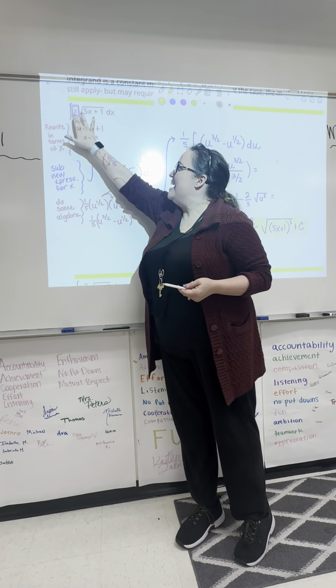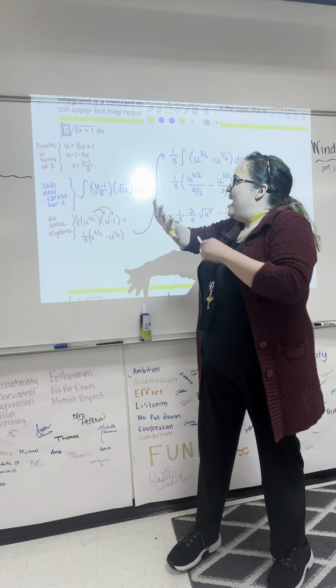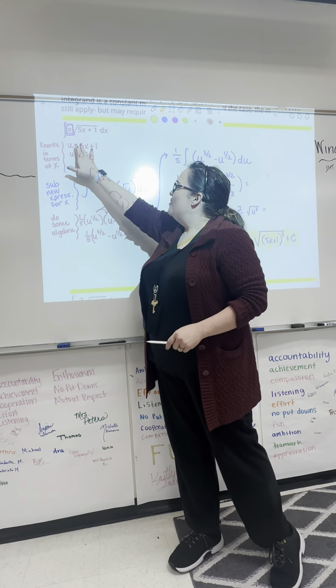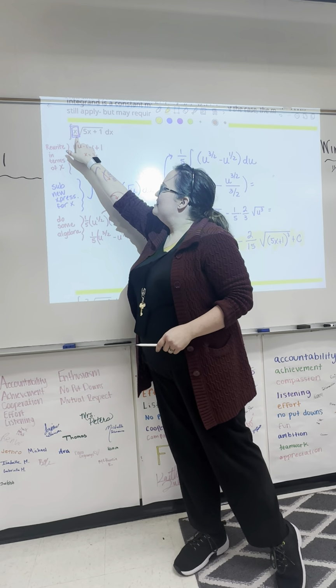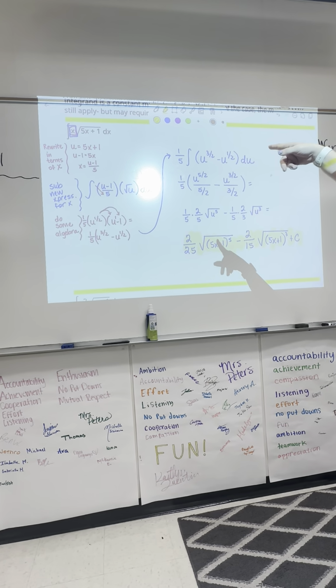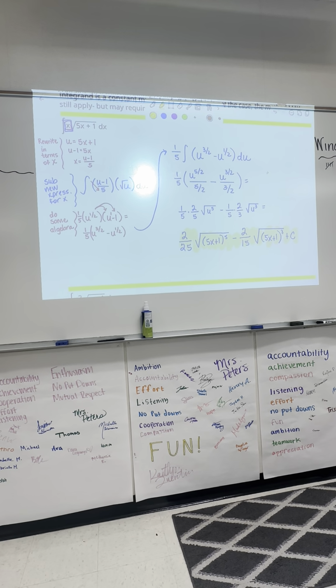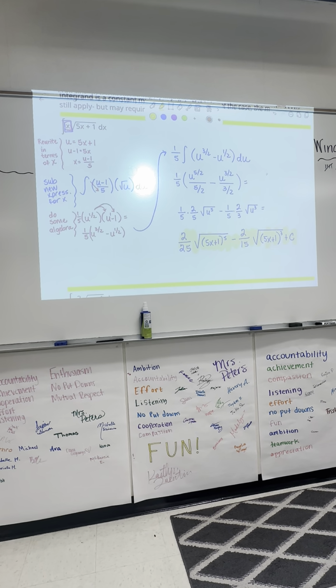I can't have that. I can tell because my du would be 5. So instead, I'm gonna rewrite that x to be a u. So I take my expression, u equals 5x plus 1, and I change it around, and now it's an x, okay?